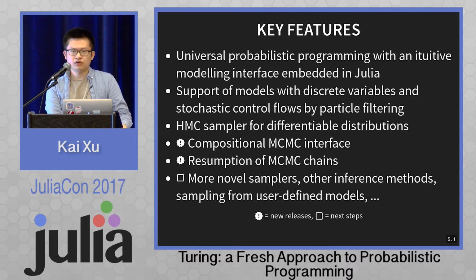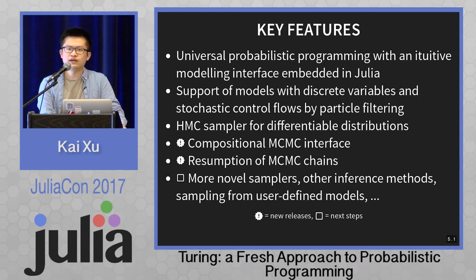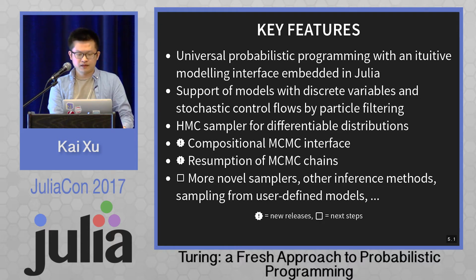And also, Turing allows you to run MCMC for a few iterations, stop the chain, and resume it with the same or another sampler. The good thing about this is that you can exploit different advantages of different samplers in different sampling phases.